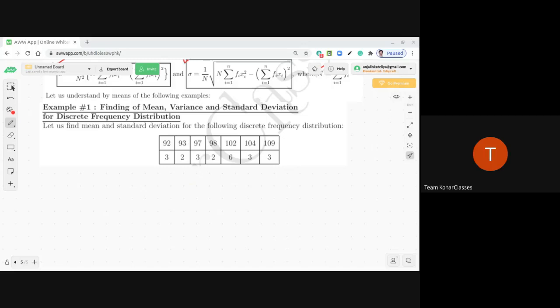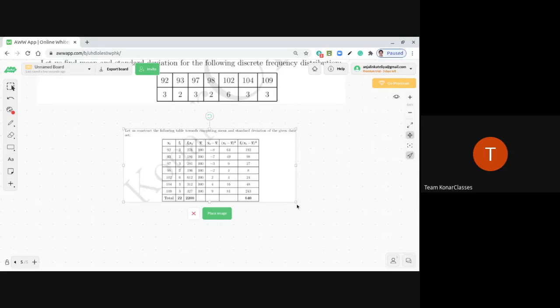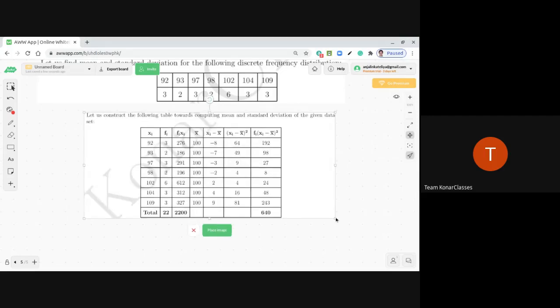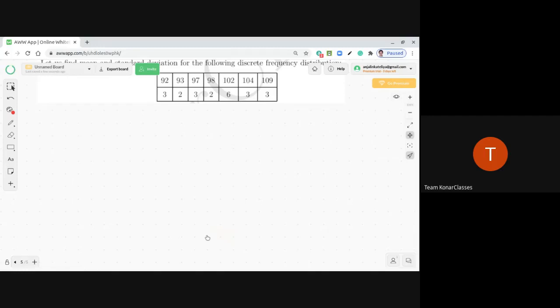So we need to construct that table. More than compute, construction is the right word here. Let me show you this table. Dear students, while you solve this numerical problem, you need to construct the table just like that. Many of you have already started doing it.